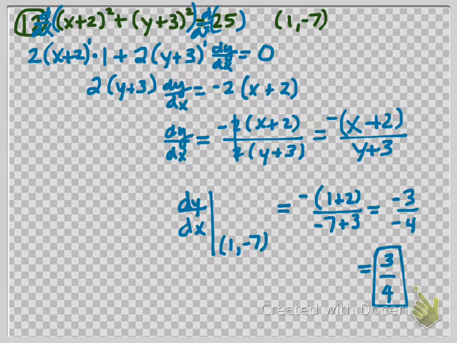I think we'll go ahead and jump down to number 38. Number 38 is y equals x over the square root of x squared plus 1.